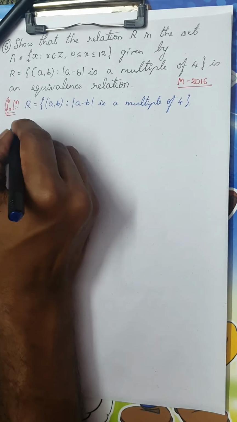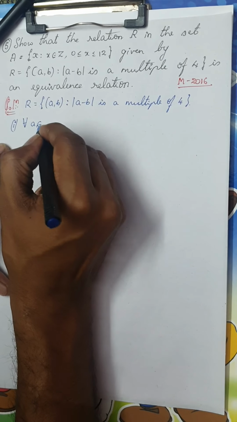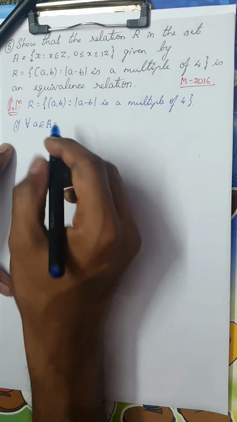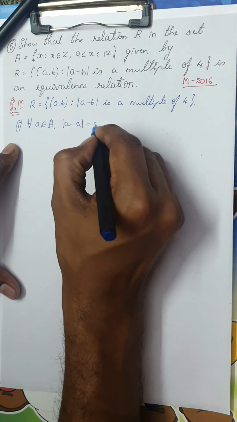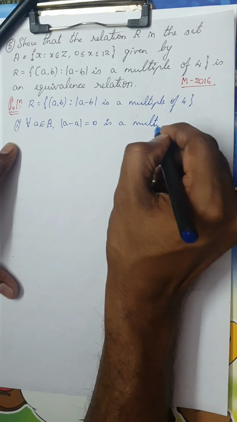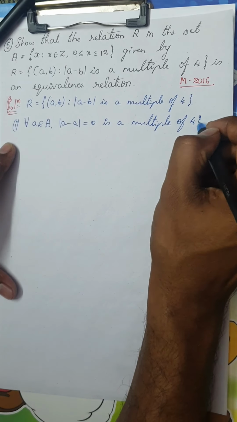Okay, so let us check the first condition for reflexive. For all A belonging to A. So reflexive means take any element of A. Modulus of A minus A is equal to 0. This is definitely a multiple of 4. Okay, 0 is a multiple of any element.